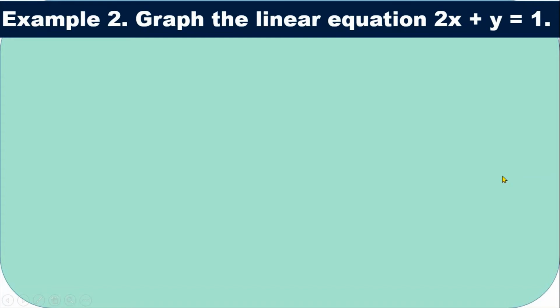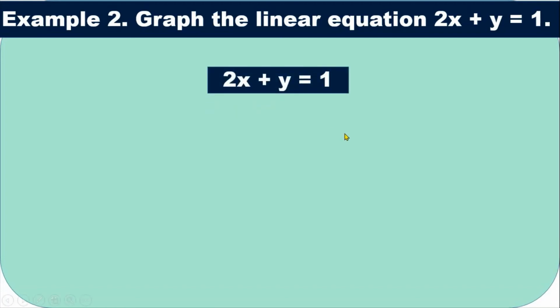Let's have another example. Graph the linear equation 2x plus y equals 1. The given is 2x plus y equals 1. Now we need to transform it into slope-intercept form. To do that, we need to isolate y by removing this 2x using properties of equality.